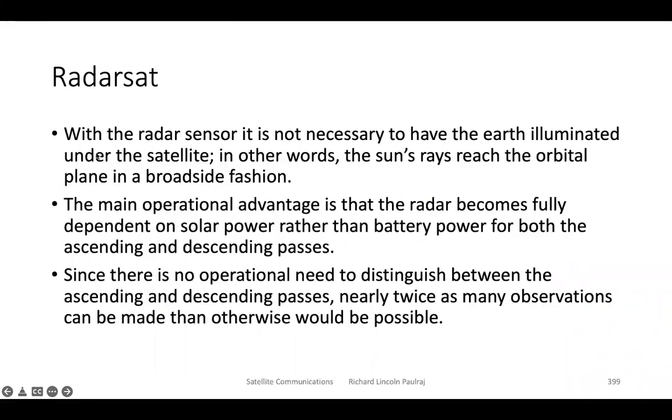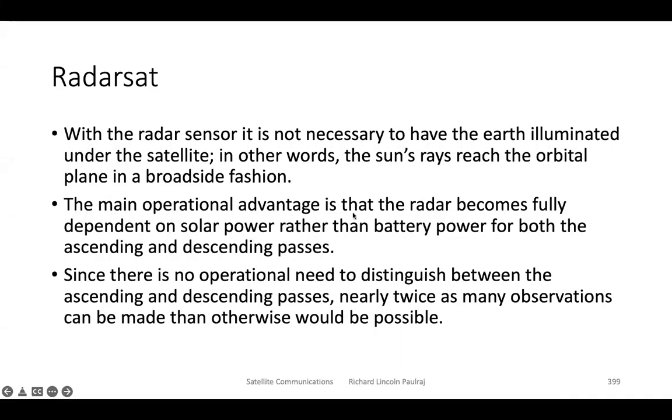Fine. With the radar sensor, it is not necessary to have Earth illuminated under the satellite. In other words, the sun's rays reach the orbital plane in a broadside fashion. So the sun's rays are actually able to reach the satellite's orbit. That's what it means from dawn to dusk.